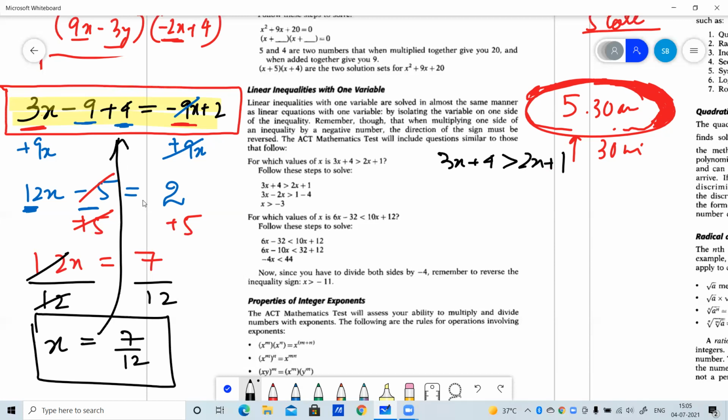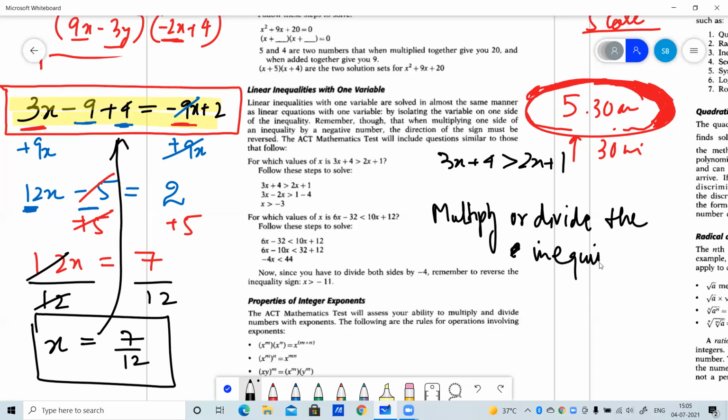But there's only one difference, and that is whenever you multiply or divide the inequality with a negative number, the inequality changes direction.